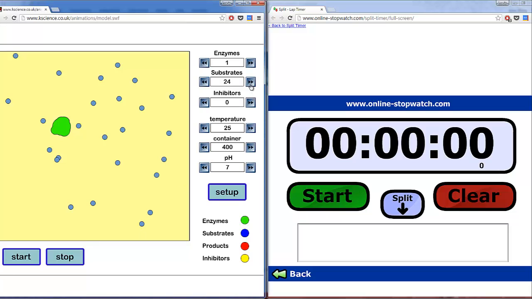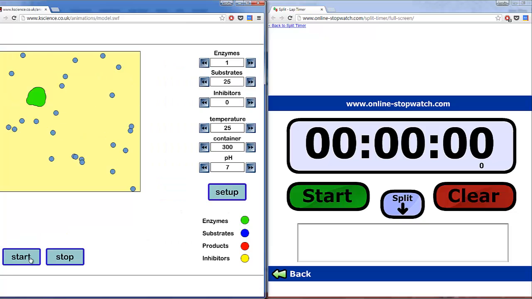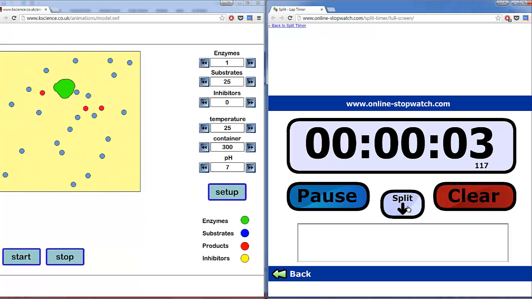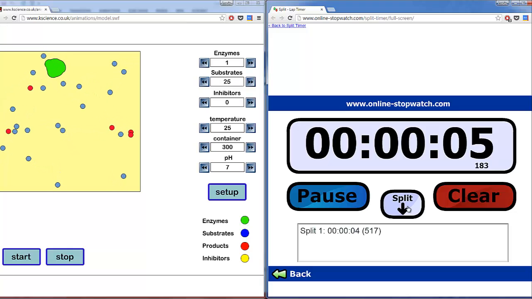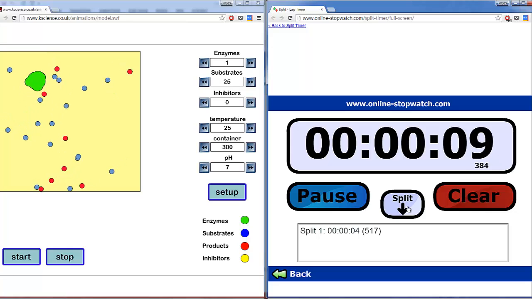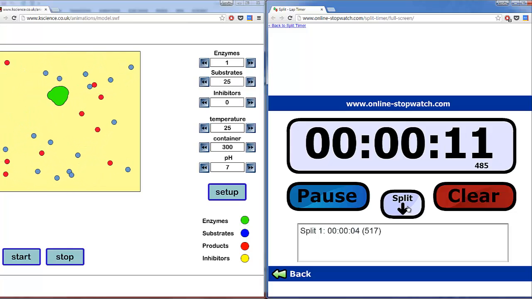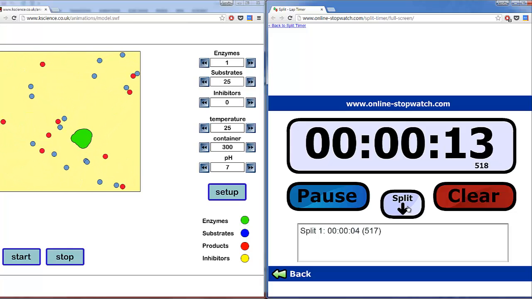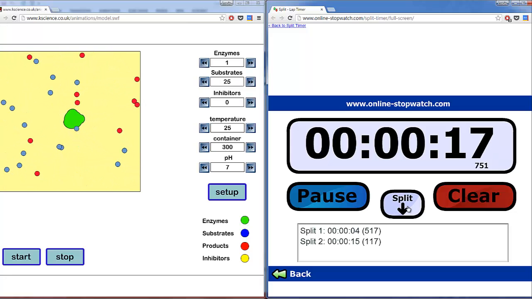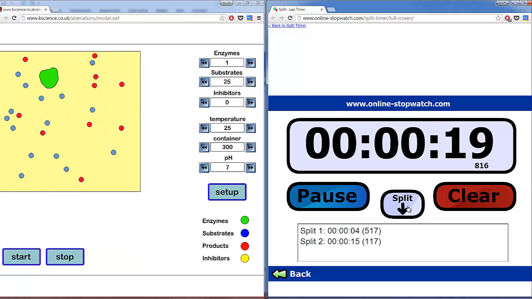If you can recall, we set the parameters like this at the beginning, and you counted with your group mates to start the experiment, and we counted the time needed for each 5 new products to be produced by the enzyme. So from the experiment itself, you can see how the enzyme works and how it changes according to different variables.